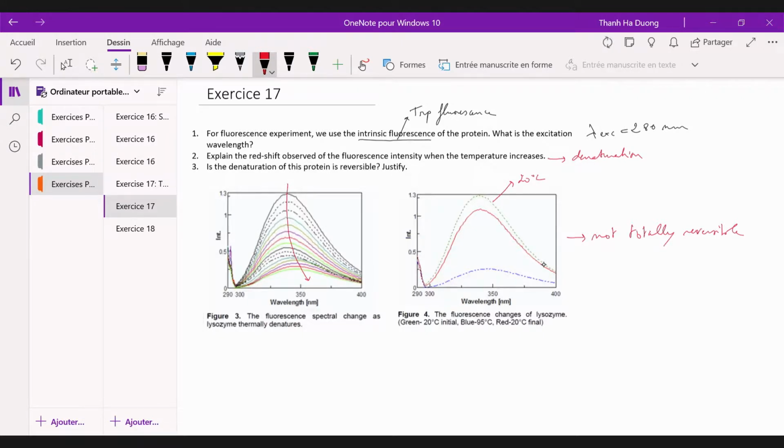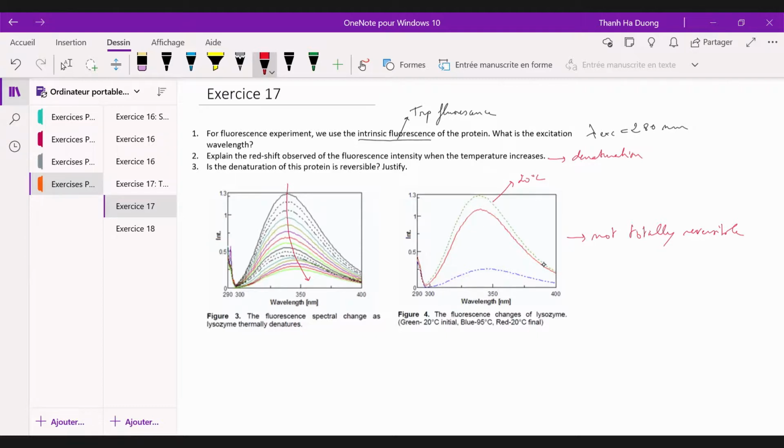Can you explain again one more time why it's not totally reversible? Because if it was totally reversible, the red curve and the green curve, which is the fluorescence spectra of the protein at the same temperature, would be the same, right? If you obtain all your protein in the native form.